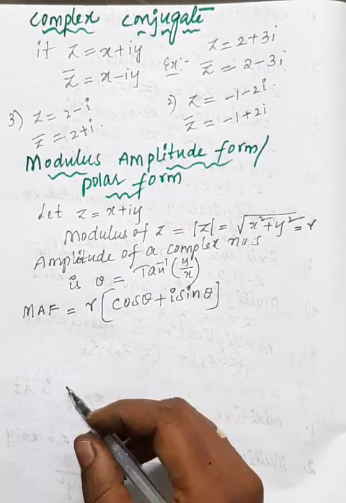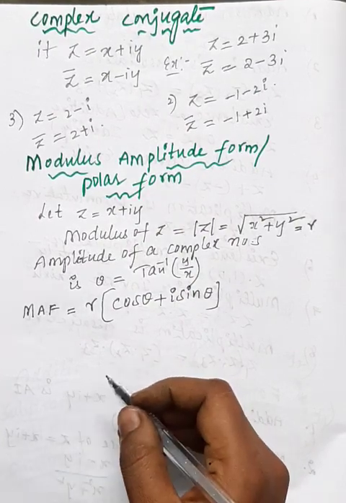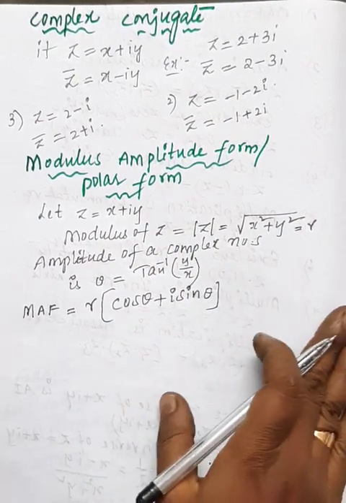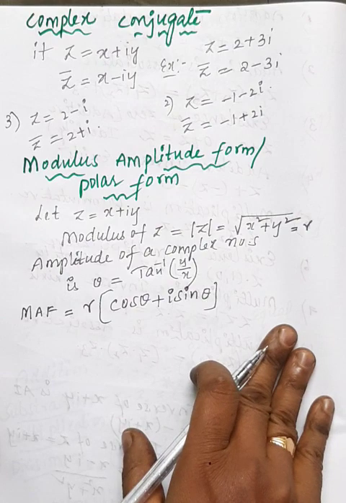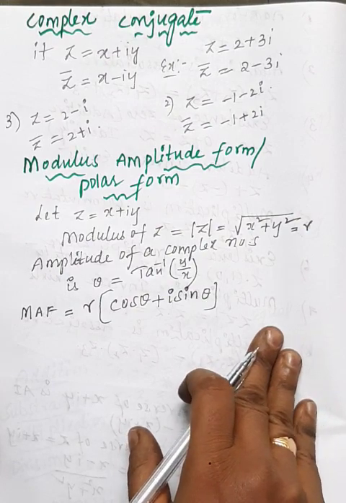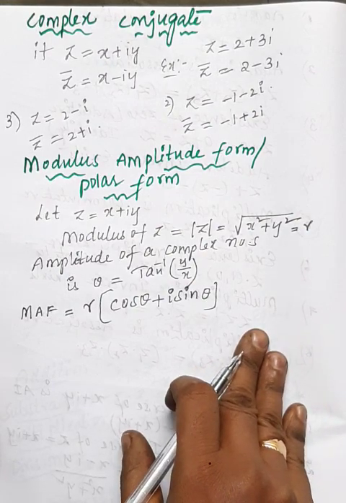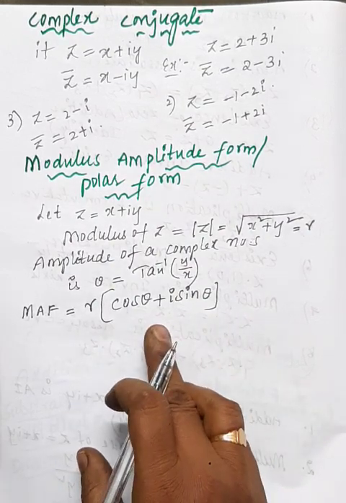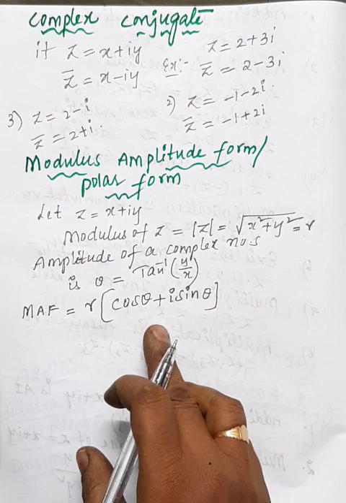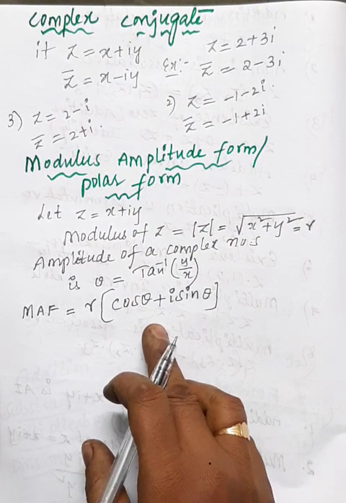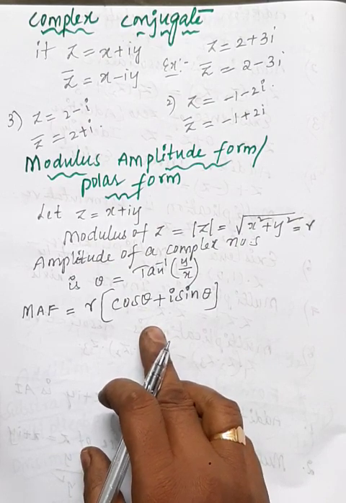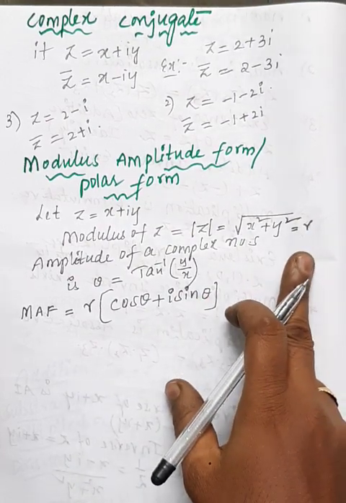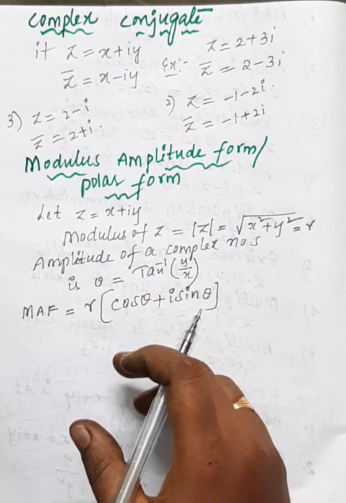Therefore, the combination of modulus and amplitude is modulus amplitude form or polar form. Therefore, the complex number x plus iy is called Cartesian form of z, and r cos theta plus i sin theta is also known as polar form or modulus amplitude form. Therefore, r is known as modulus, theta is known as amplitude.